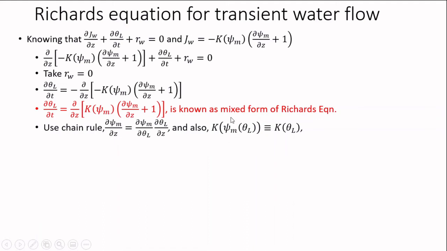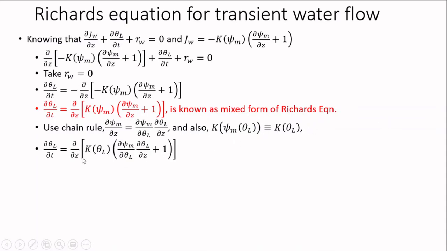Now, the matric suction itself is also a function of water content. So matric suction and water content, these two are related by the water characteristic curve, if you still remember that we talked about in the previous chapter. So now you can take unsaturated hydraulic conductivity as a function of water content. In this case, they are similar.